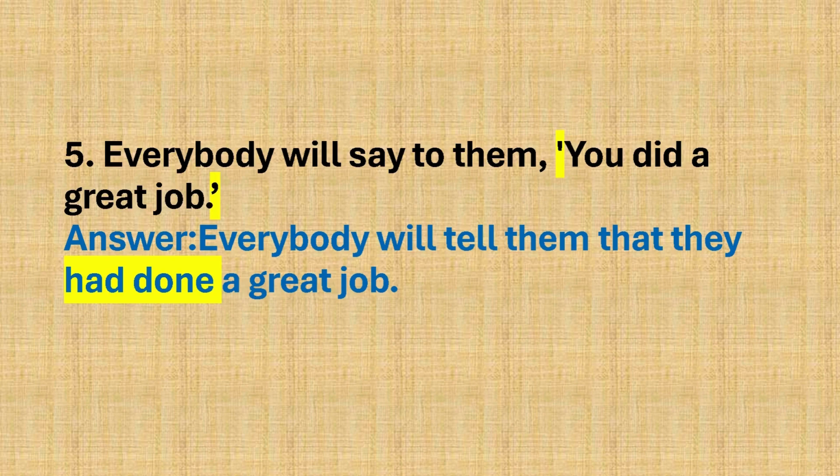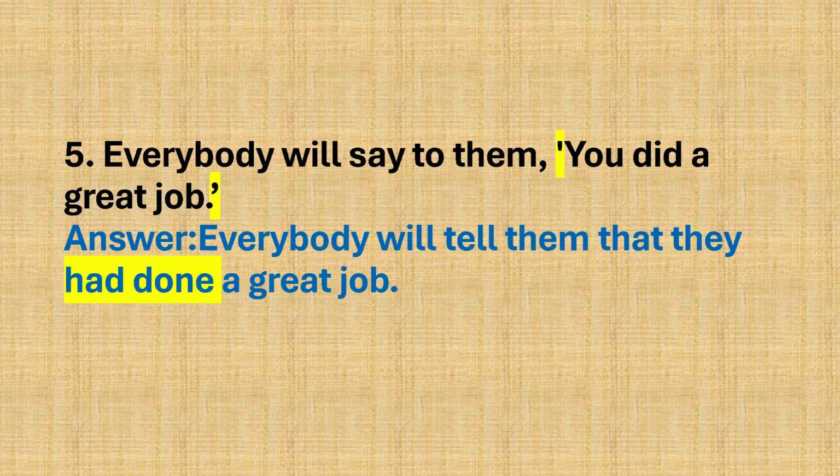Everybody will say to them, you did a great job. Answer: Everybody will tell them that they had done a great job. In this statement, reporting verb change: say to is replaced with tell because say is typically not used with an indirect object in reported speech.